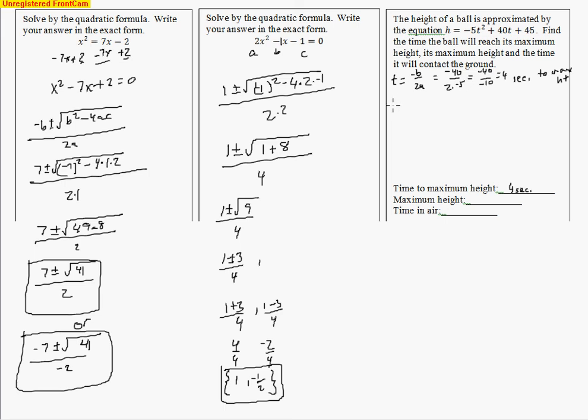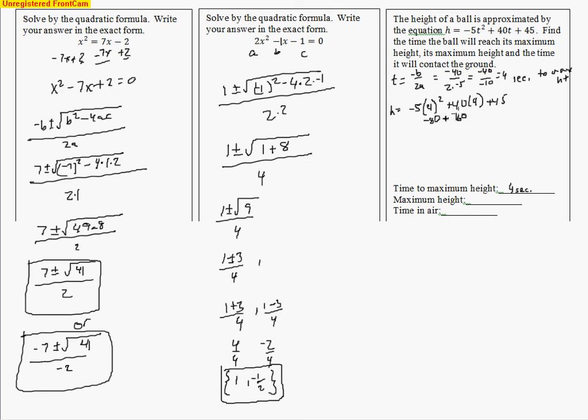And so now I need what the maximum height is. So now I'm going to solve for h, substituting the time to the maximum height in for t. So 4 seconds in for t, and plus 40 times 4, and then plus 45. So doing some work there, 4 times 4 makes 16, and 16 times negative 5 makes negative 80.